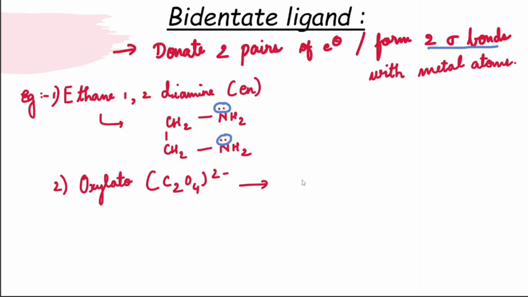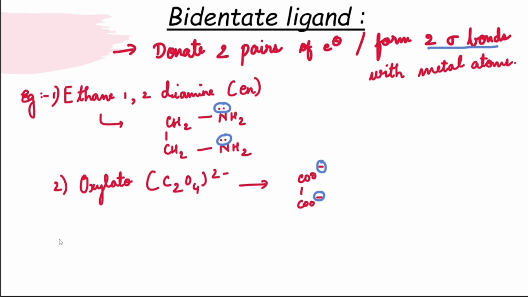The structure is COO minus, COO minus. Here also it donates 2 pairs of electrons. A negative charge denotes a pair of electrons, so remember that. So it forms 2 sigma bonds and comes under the bidentate ligand.